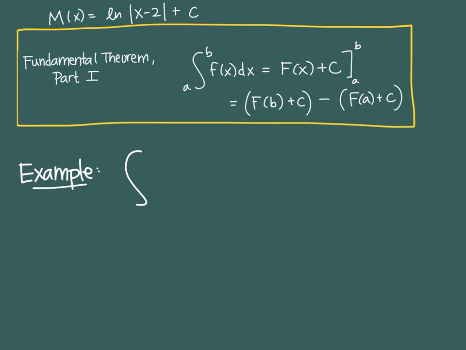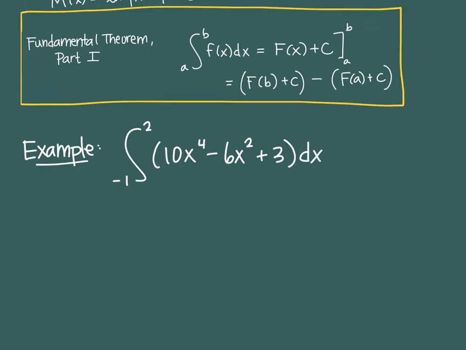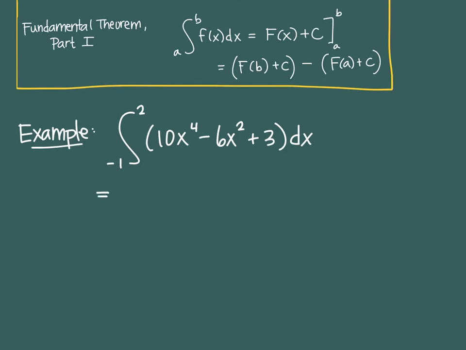So for example, let's suppose that we want to go from -1 to 2, and we want to find the area under the W-shaped function, the quartic function, 10x to the 4th minus 6x squared plus 3, along the x-axis. So first we need to find the antiderivative of that.